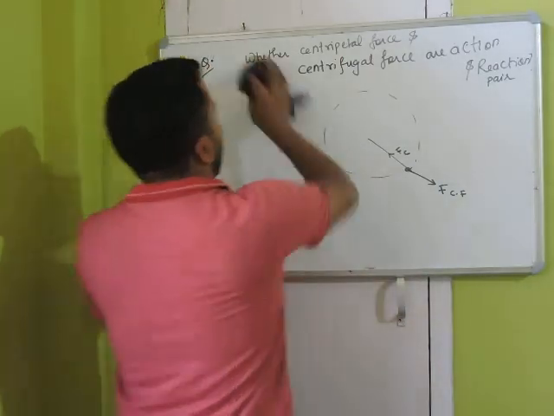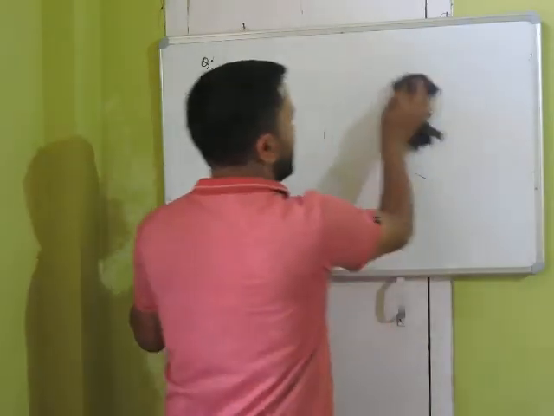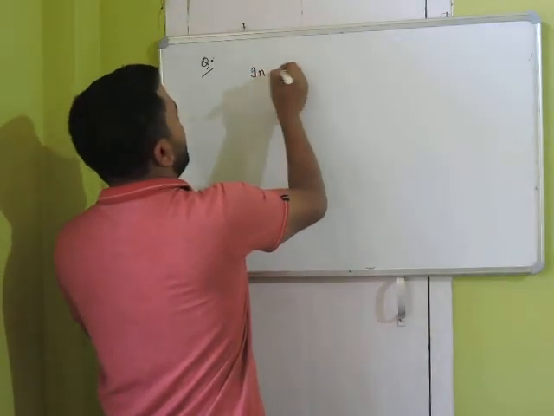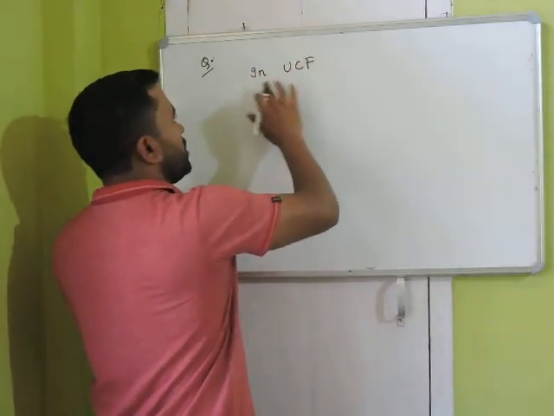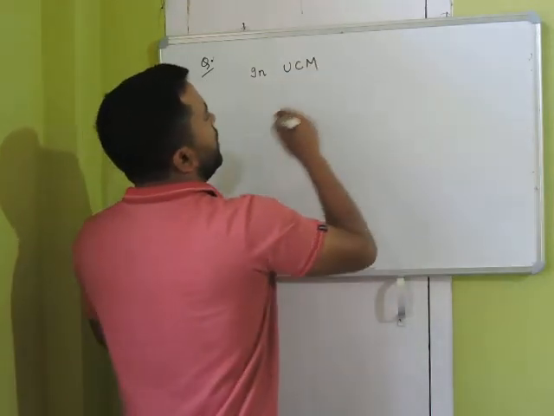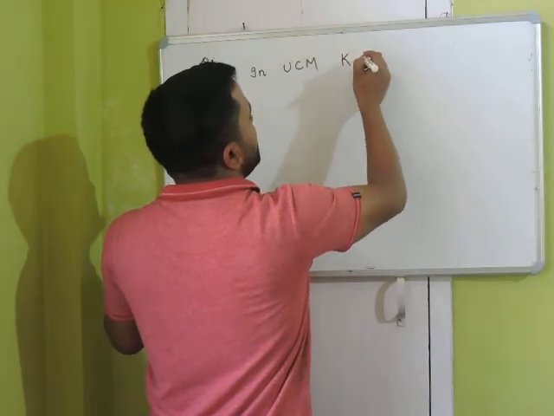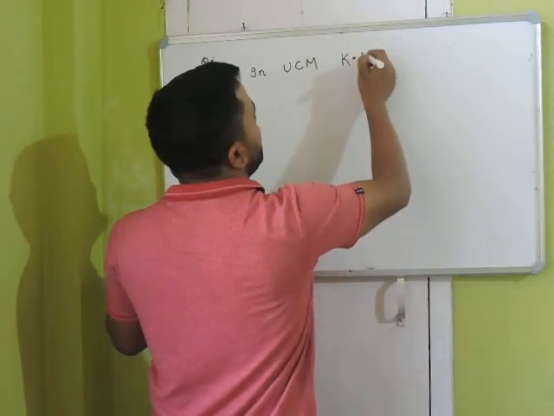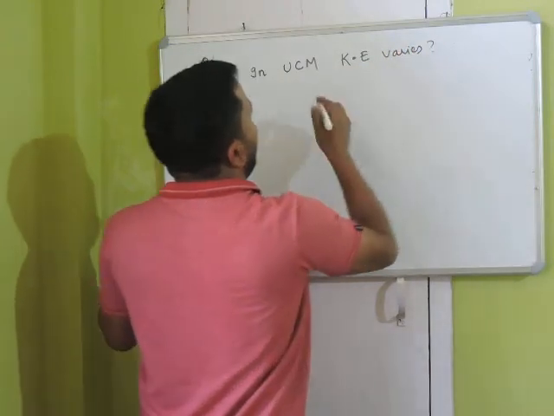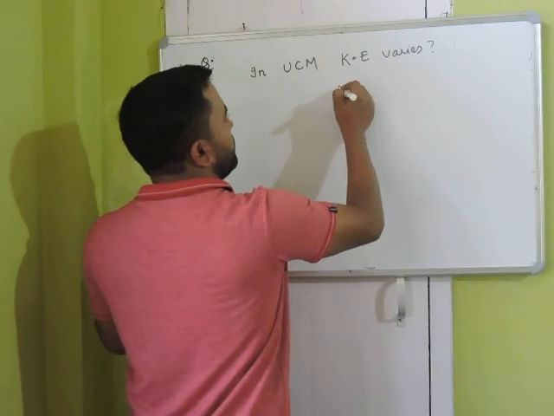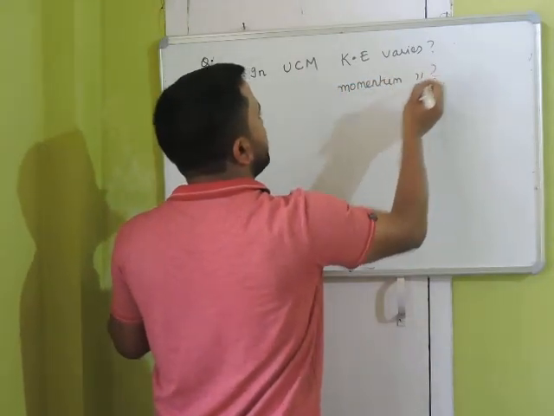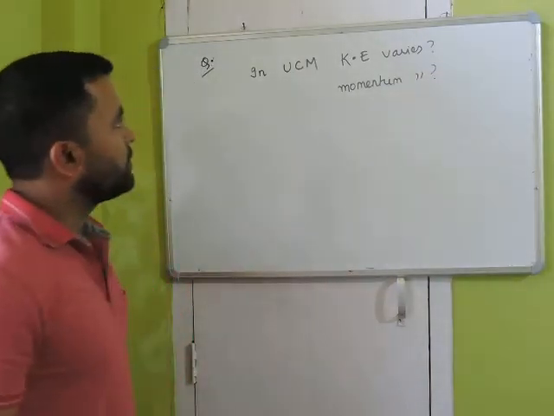Then if I ask you, in uniform circular motion, UCM, does kinetic energy vary and does momentum vary? We'll end up with this, right?